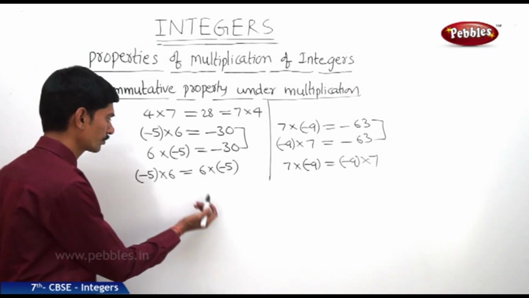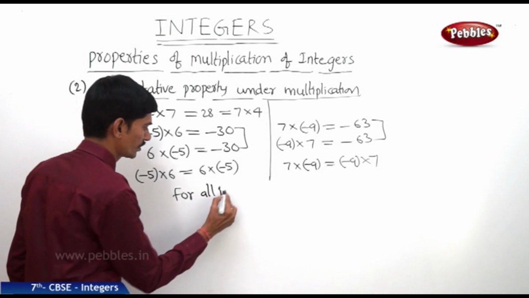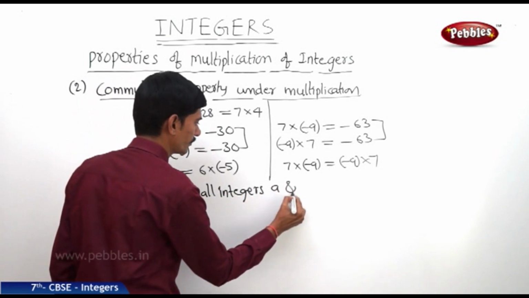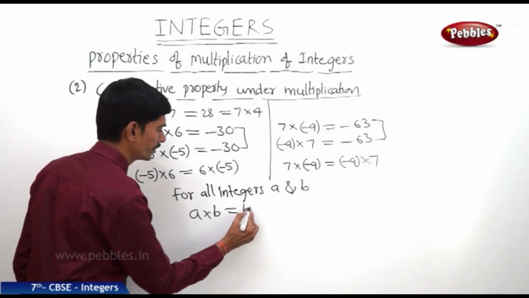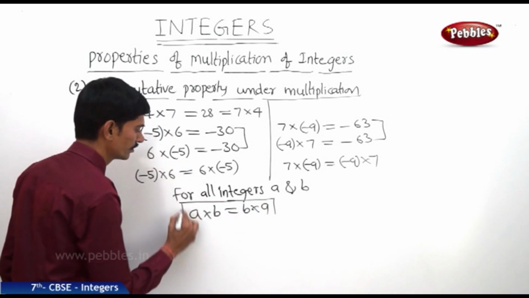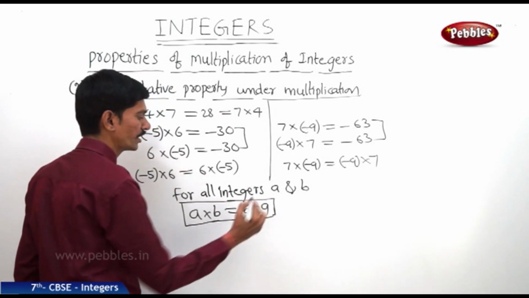So this can be concluded that for all integers a and b, a into b equals b into a. So for any two integers a and b, the product of a and b is the same as the product of b and a.